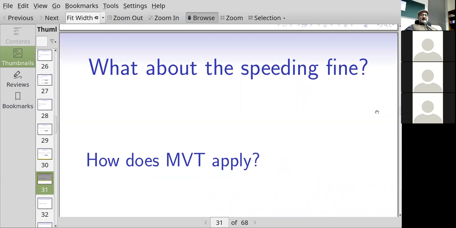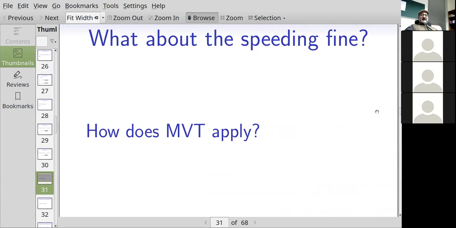So, back to the speeding fine. If we make the assumption that your position, right, speed is the change in distance with respect to time, right?